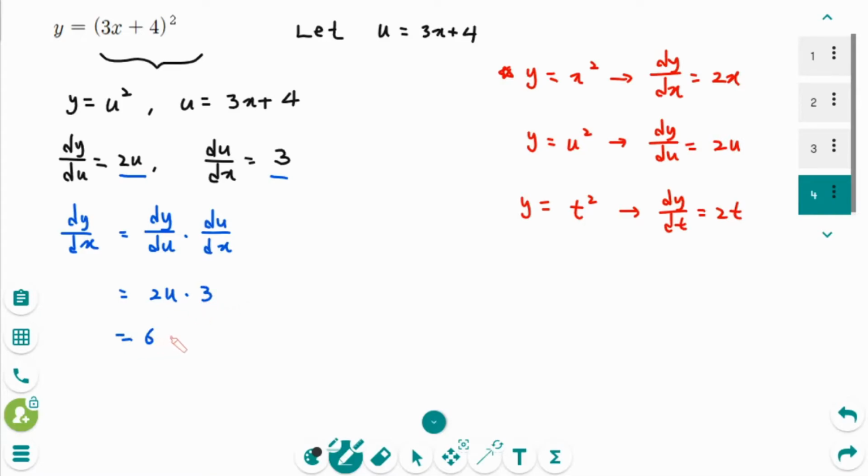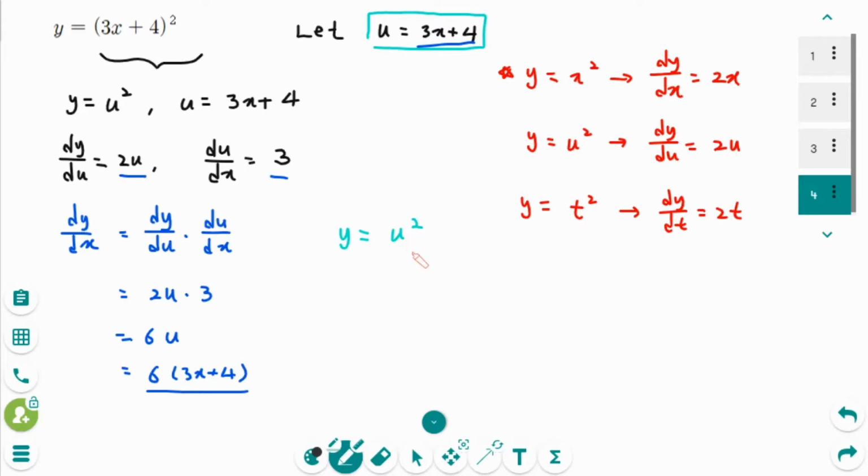So 6u, but actually u was 3x plus 4. We have the same answer. Think about the composite function y equals u squared. Don't forget this one.